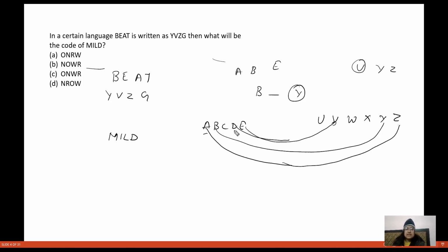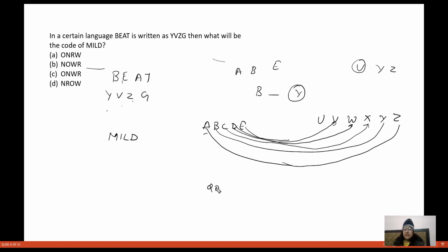And D will correspond to obviously W here, and C will correspond to X here. So this B became Y, E became V, and A became Z, and T became what?